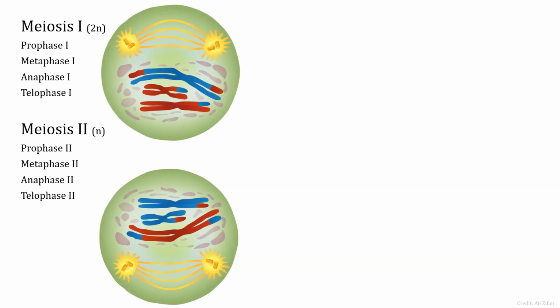Okay, now we have 2 cells, and right after the nuclear envelope forms, then it's getting ready to divide again, so it disappears. And meiosis 2 is pretty much identical to the process of mitosis.